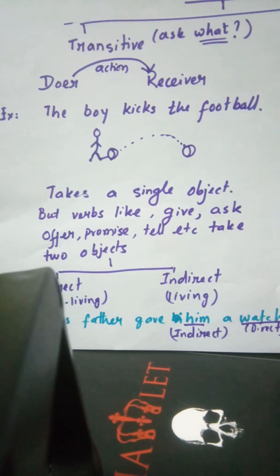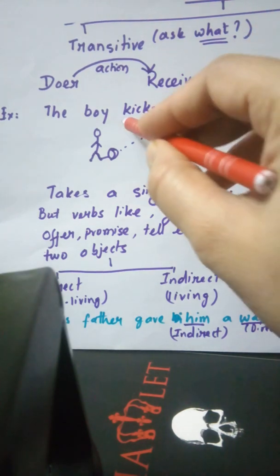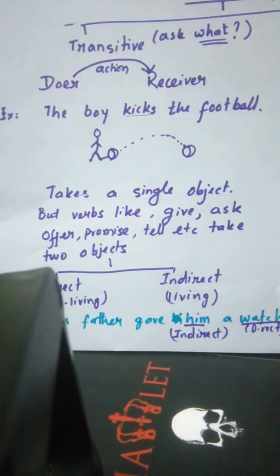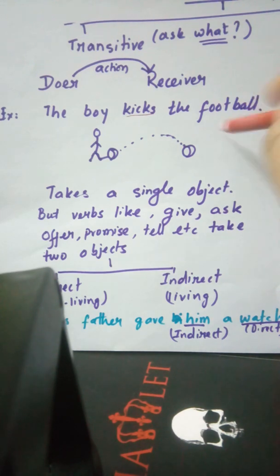So in the sentence that I have given as example, the boy kicks the football. Here kicks, if you see, is the verb. And what does he kick? He kicks the football. So here football is the object or the receiver of the action which is made by the boy. So here kicks is the verb which is affecting the football directly by changing its position.